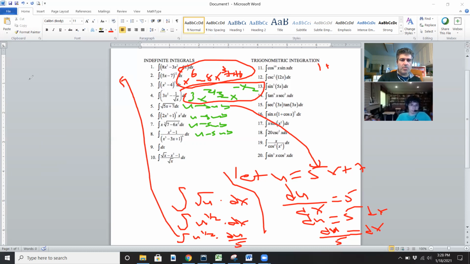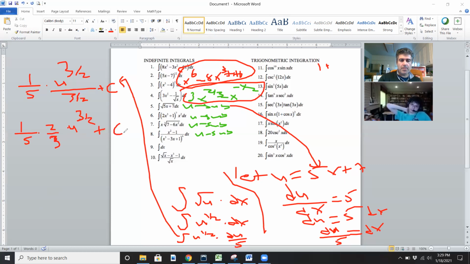So now you integrate that. That's 1/5 times U to the 3 halves over 3 halves, plus C. You flip that over. And then you bring the 5x plus 7 back in.